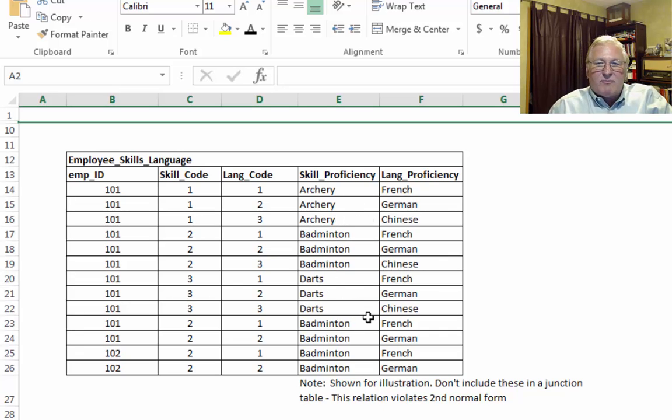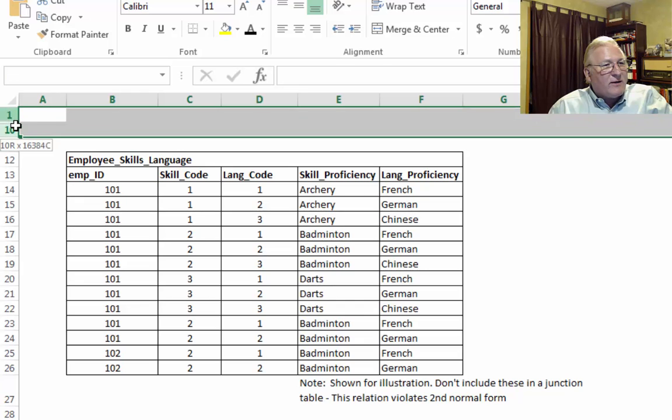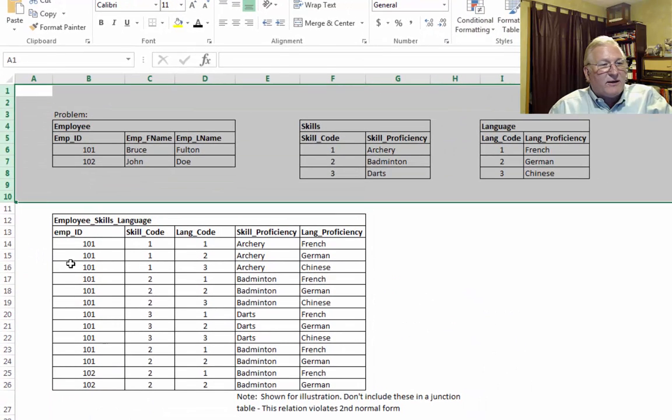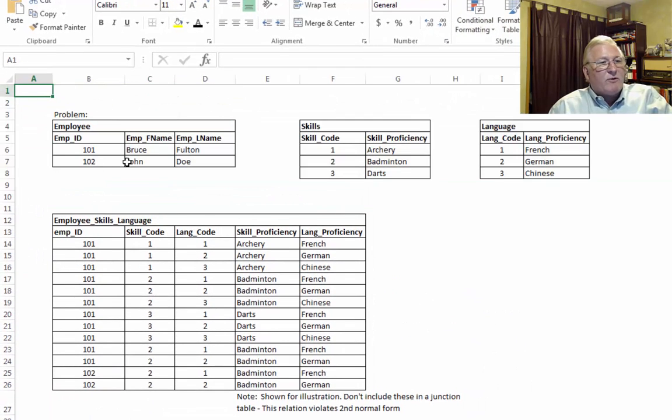Now, the problem I find with this example overall is that this really only makes sense if we view this as a junction table, because what I think is going on here is that this would be a junction table. So let me unhide what I think is going on here. And we would really have this employee table here, and we would have a skills table here, and we would have a language table here. And this would actually be a junction table, and we would be trying to toss all this into the junction table.